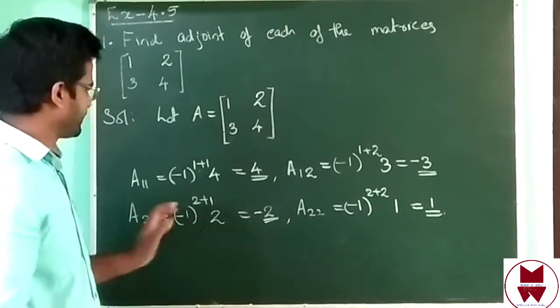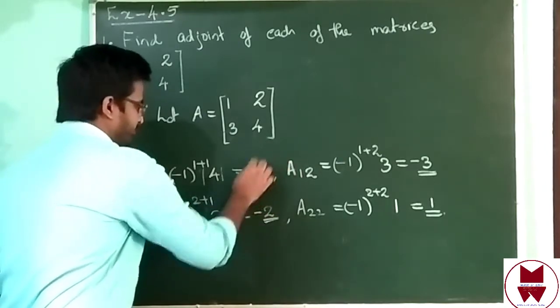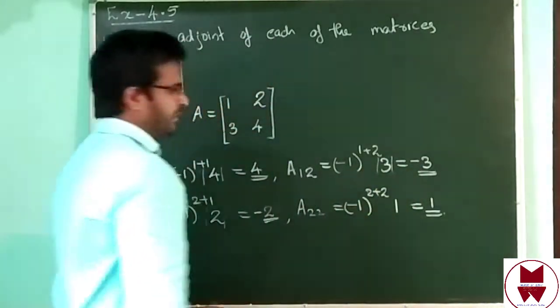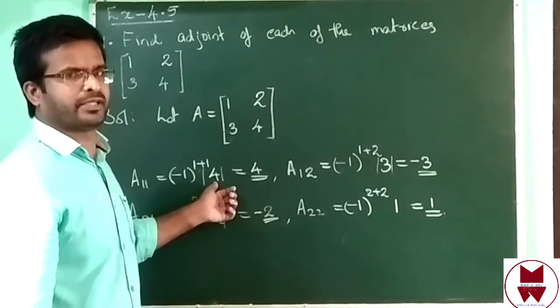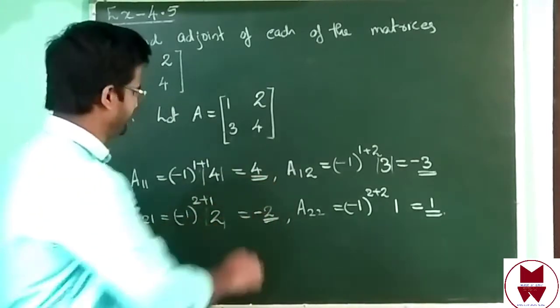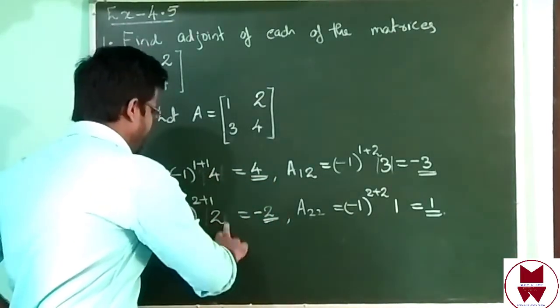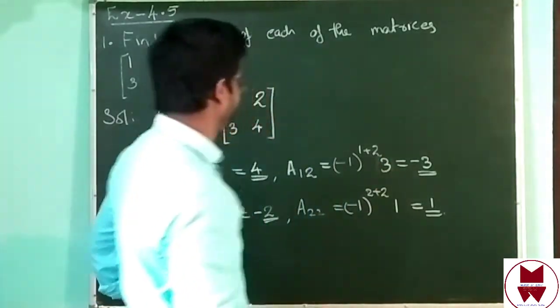When you find a cofactor, as you studied before, we have to take a determinant. But if there is only one element, there is no need to take the determinant. If you take the determinant of 4, you will get 4 only. So directly you can write it.